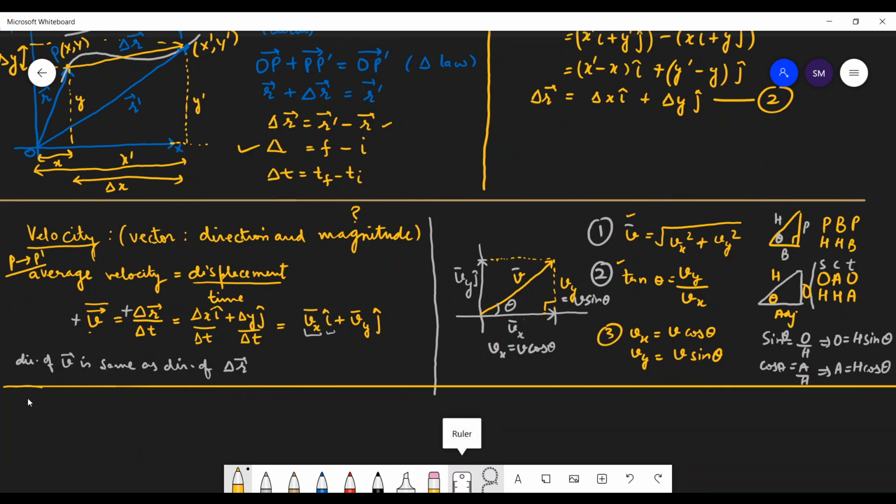Velocity at P: the particle was at P at time t, at a particular time. So this velocity is known as instantaneous velocity.